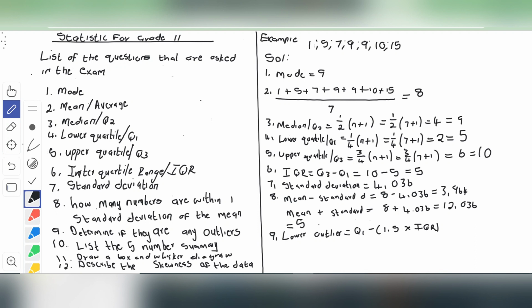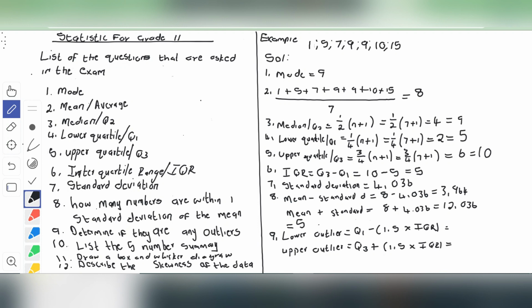Therefore, the other outlier is the upper outlier, which is Q3 plus 1.5 multiplied by the interquartile range.